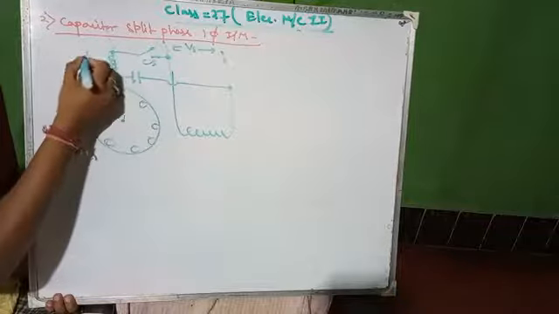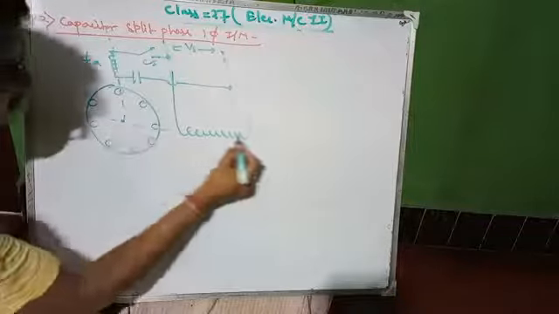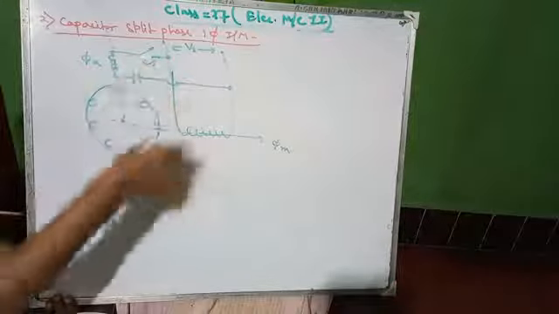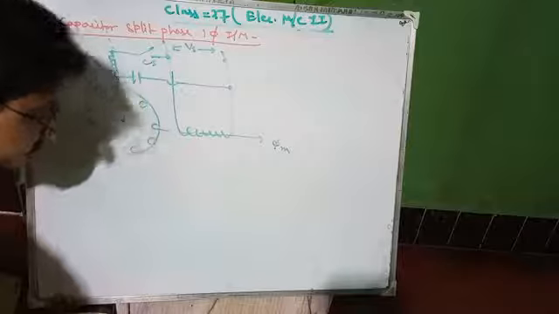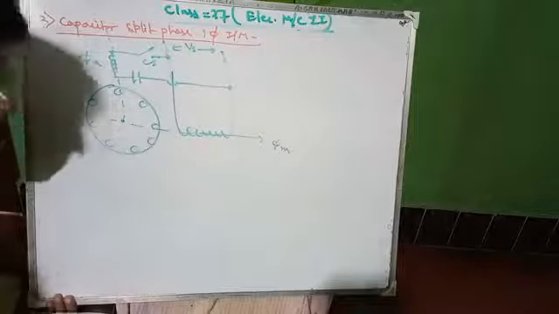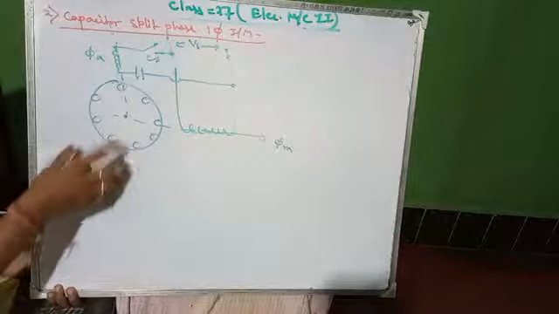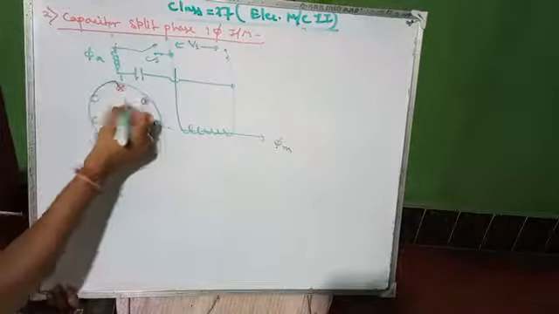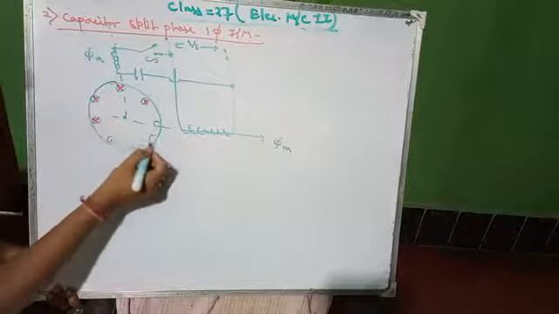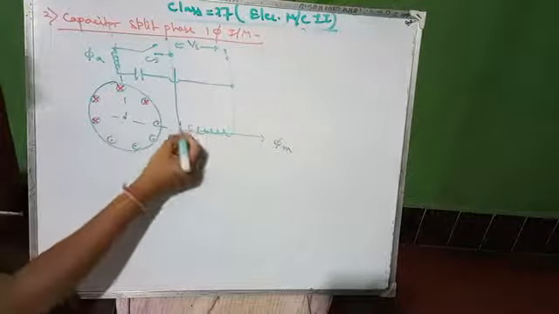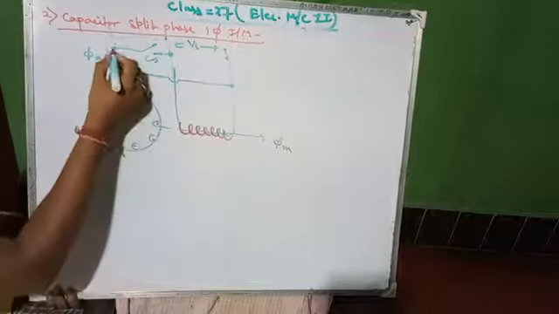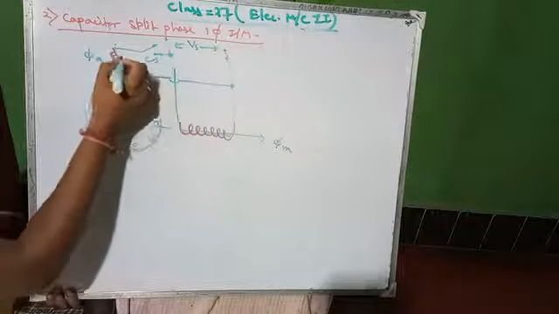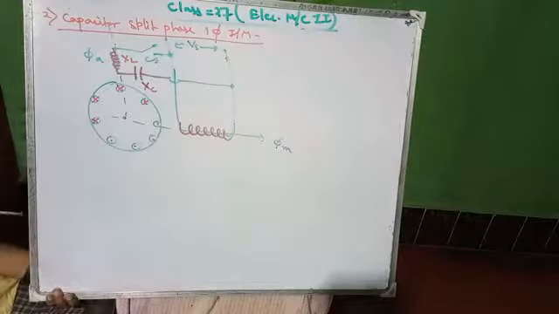Along it phi A is generated, and in quadrature to the rotor axis phi M is generated. By the interaction of phi A and phi M, the rotating magnetic field is generated, and the rotor starts to rotate. This is XC, this is XL.